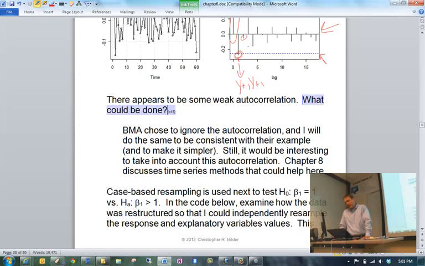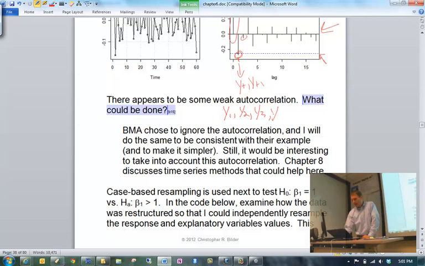What could be done? Chapter 8 of our book talks about time series analysis and how to handle it when you do have this correlation structure, which we don't have time to get into in this course. But there's a number of ways to handle it. In particular, one is called a block bootstrap, where you might resample blocks of your data. For example, let's say I have a simple data set of just y's.